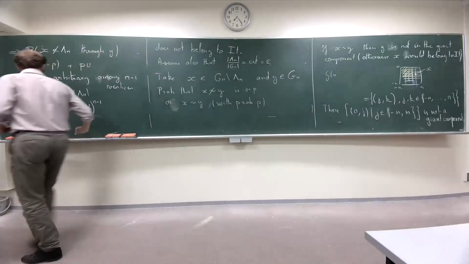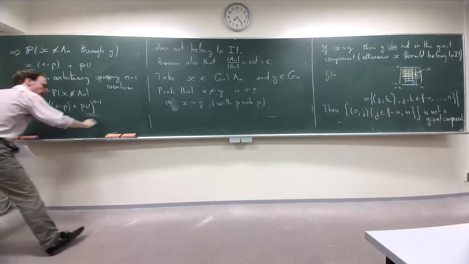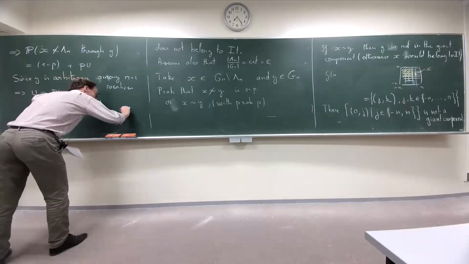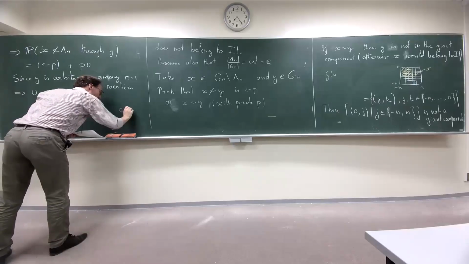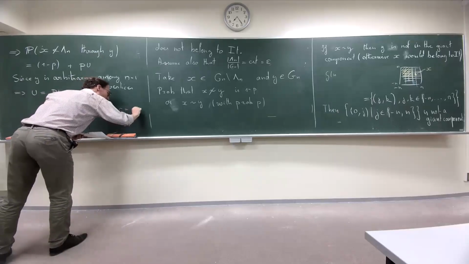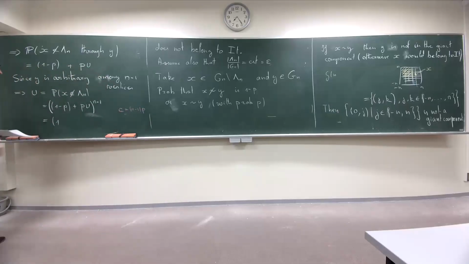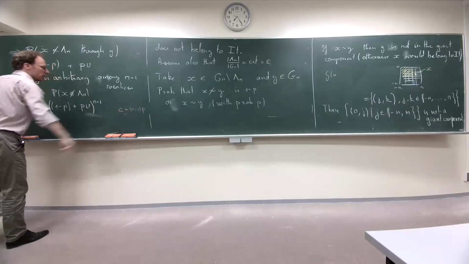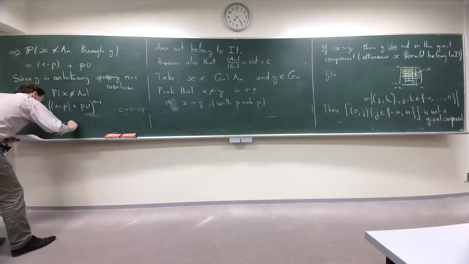If you do a small computation, using that C is n minus 1 times P, which is what we had before. Why do I need to rescale? Because as we have seen, we need to keep C and not n. So if I use this, I get 1 minus C.